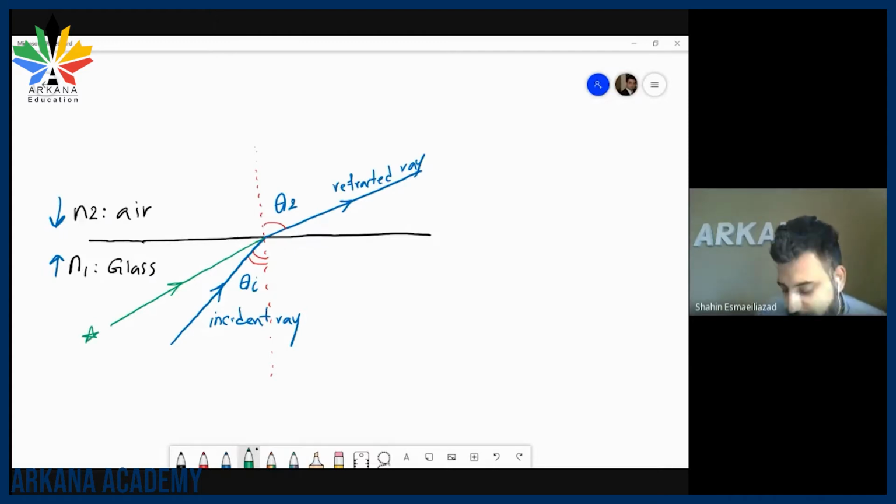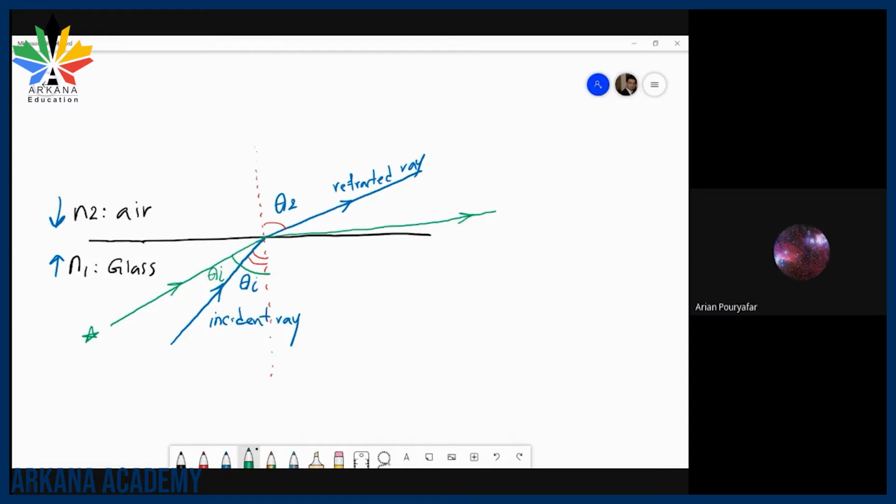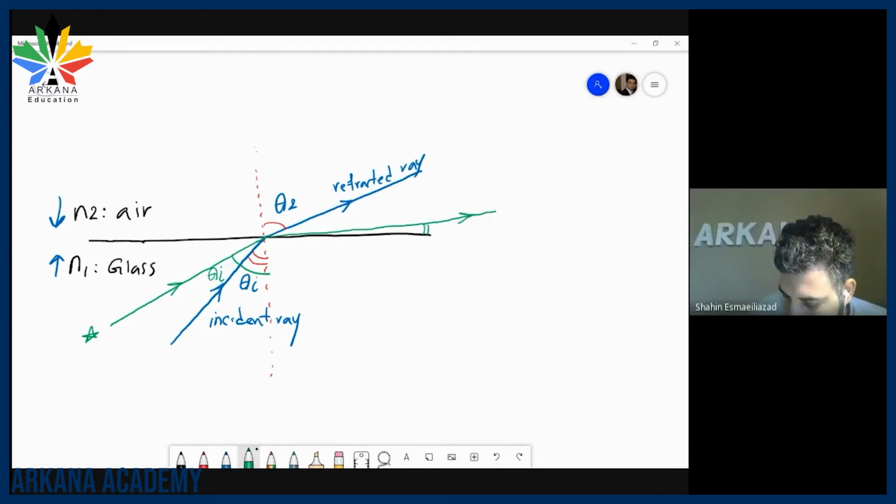So the light is coming through the surface, and again, because it's going from glass to the lower index medium, the angle is going to increase. So my new theta I belonging to the new ray is going to be this much, and the angle is going to also increase, so maybe something like this. A very small angle, and this is our new theta 2.